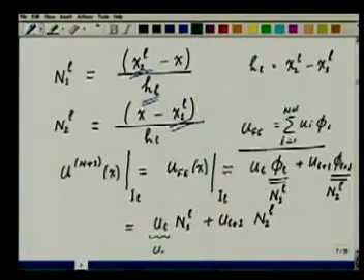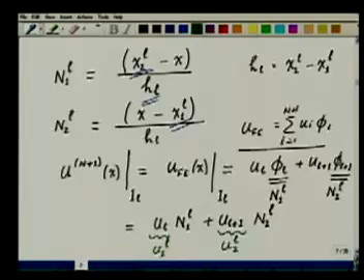So now we'll give them a local name, that is an element wise name. So in the element this is U1 of L, and this guy is U2 of L.